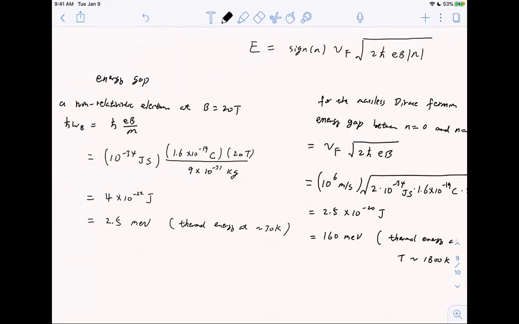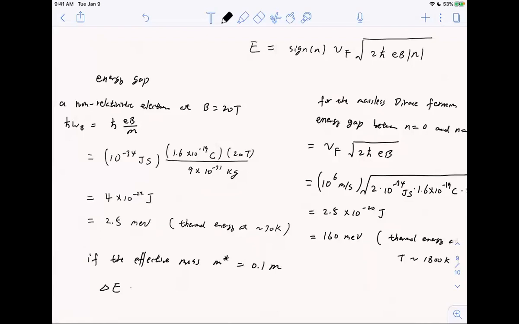Much larger. Of course, if you have a system with a very small effective mass, then you can make this higher. So if the effective mass is equal to, let's say, 1/2 of the electron mass, then this is an inverse relationship, right?